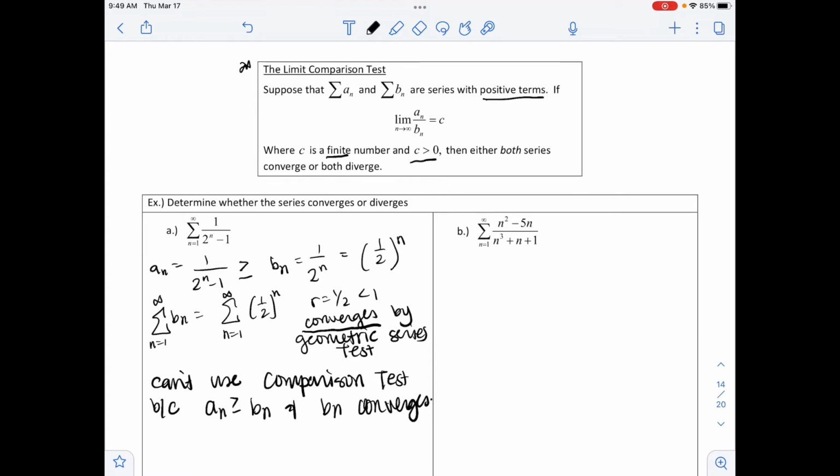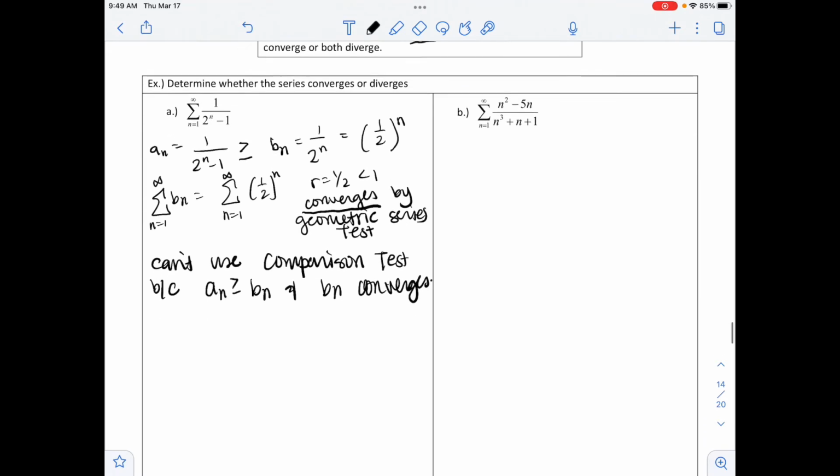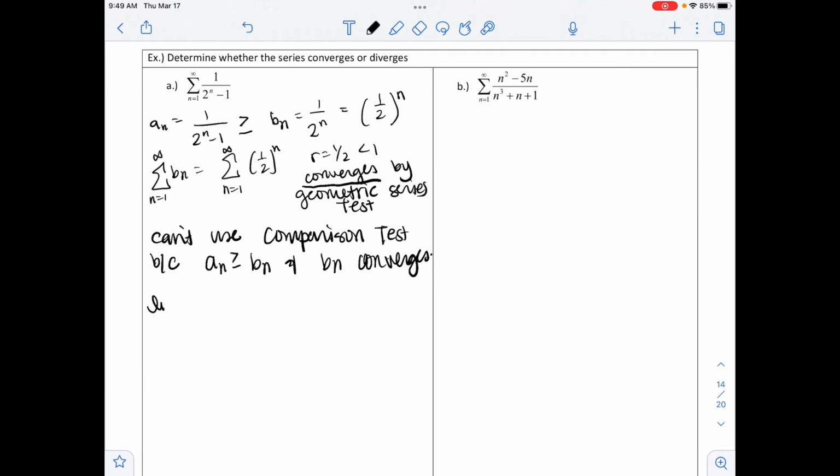And so that's the limit as n approaching infinity of a sub n over b sub n. And we're going to see if it equals a finite number, and if that finite number is greater than 0, then either both series converge or diverge. So looking at that limit, we have the limit as n approaches infinity of a sub n over b sub n.